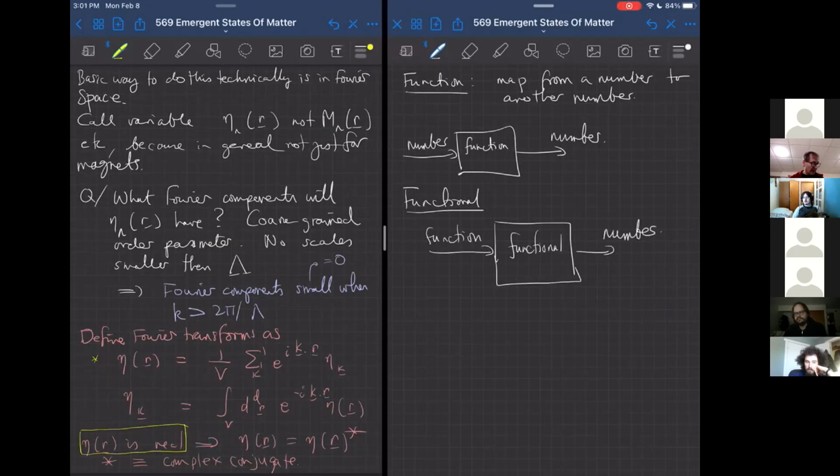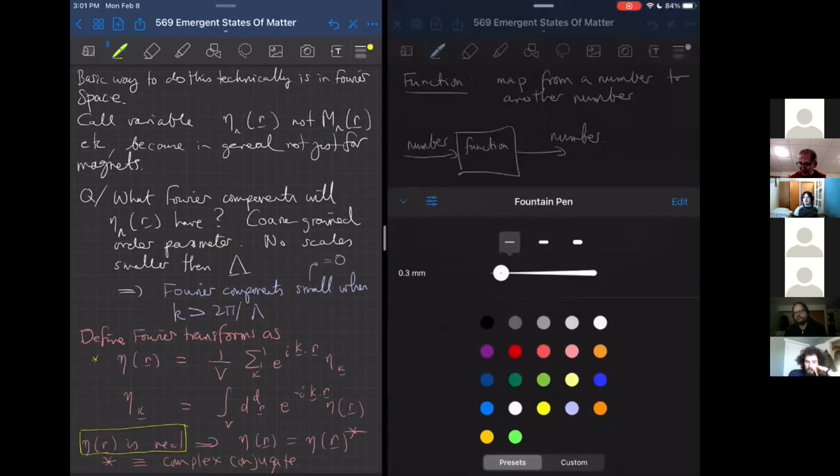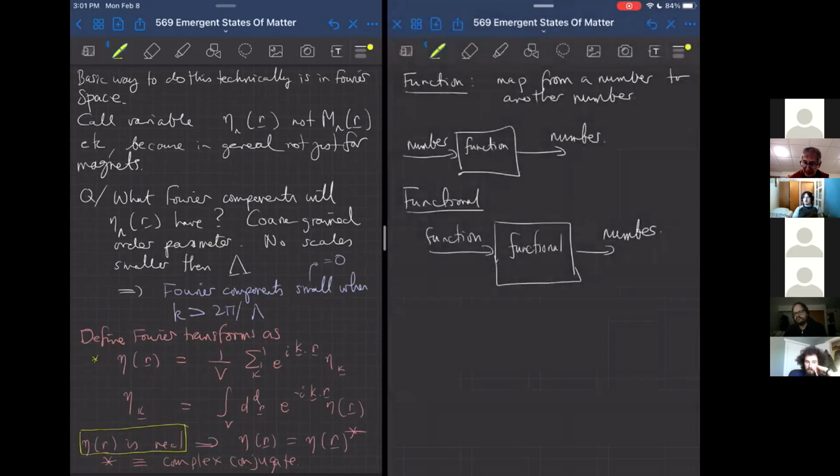That's all it is. There's a familiar example that you've known for years, and that's integration.